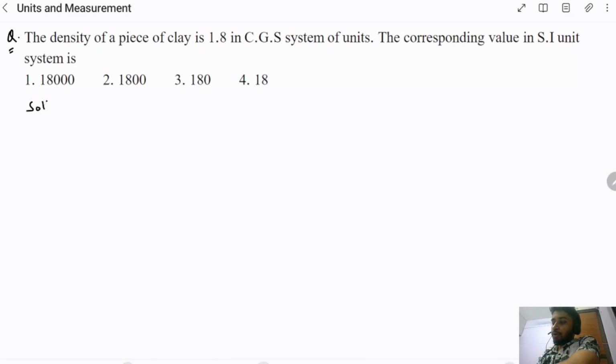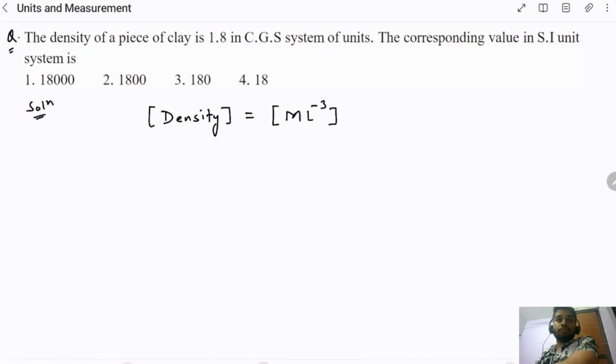We are going to follow the same steps. The first step is to write the dimensional formula of the physical quantity which is being converted. Here we are converting density, and the dimensional formula for density is mass by volume, so that makes it M into L to the power minus 3.